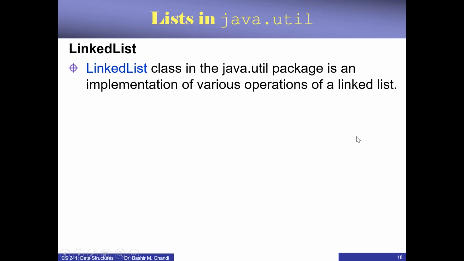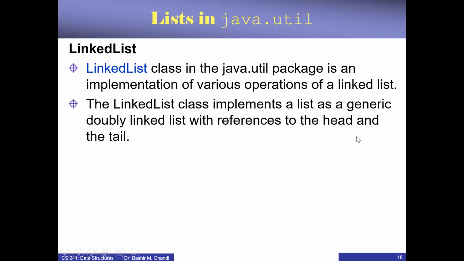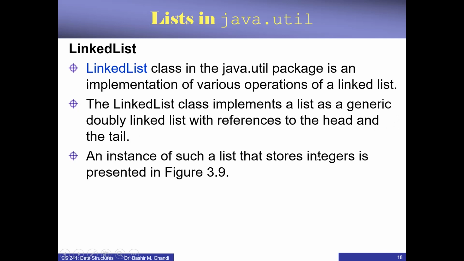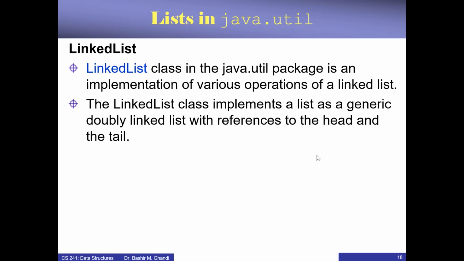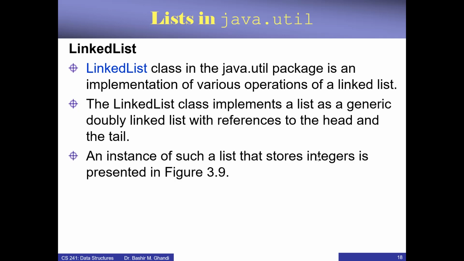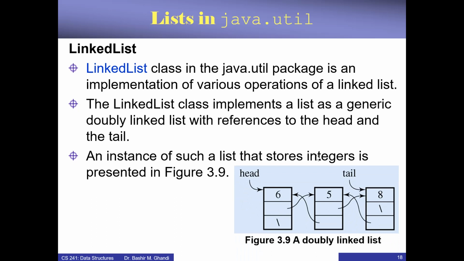It is actually a doubly linked list, and it is a generic class. I'm sure you already saw it in programming 2 course, and therefore you can use it to store any type of data. Now, once you create an instance of this linked list, it behaves exactly like our doubly linked list.